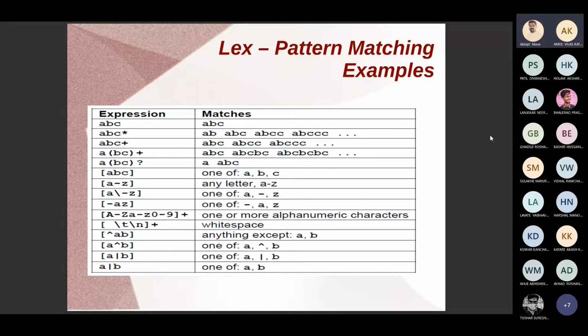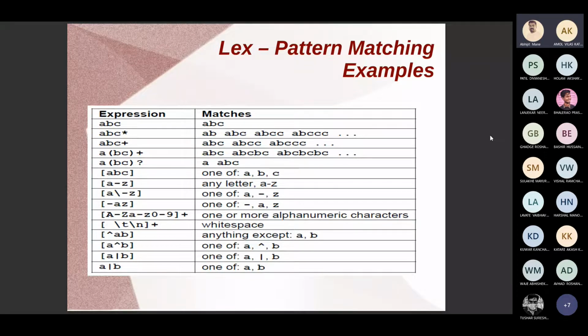Here are a few examples of pattern matching using the primitives. The first expression, abc, is a direct abc match. It is just a single string as a token. If you use ab c star, the pattern matches ab, abc, abcc, and so on.